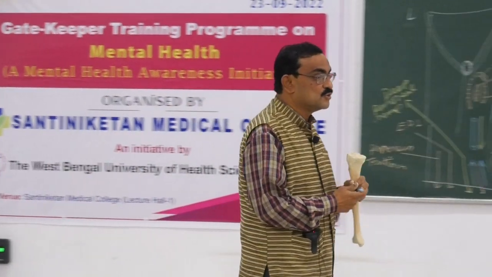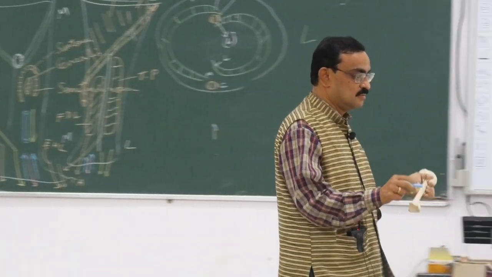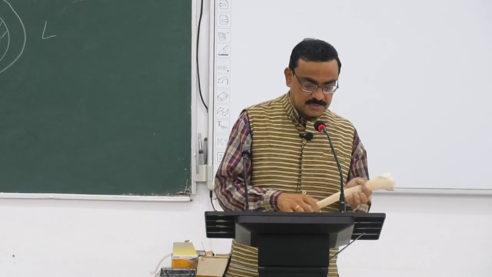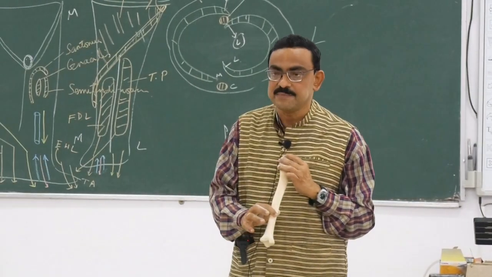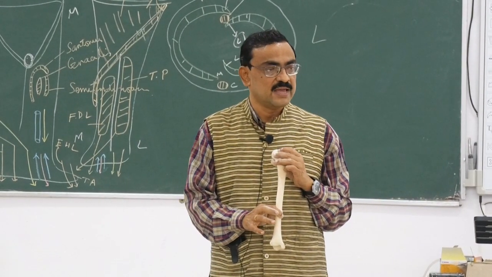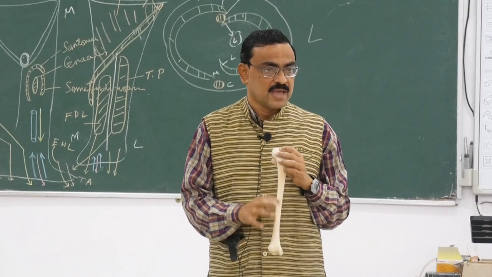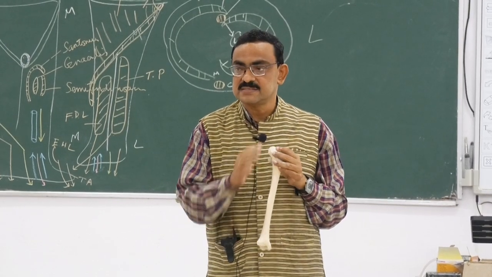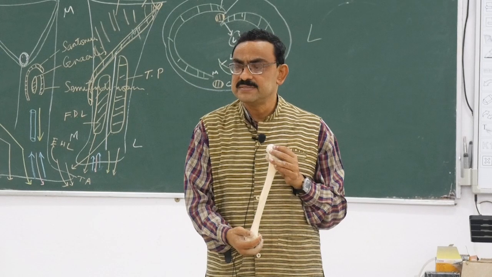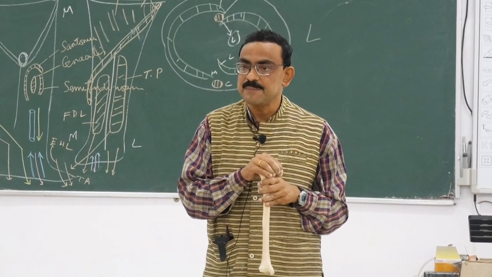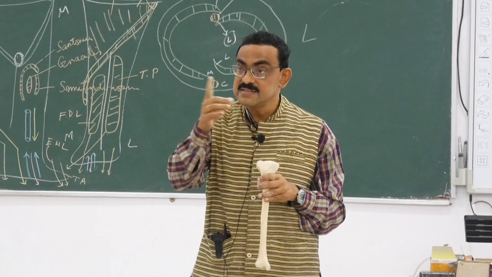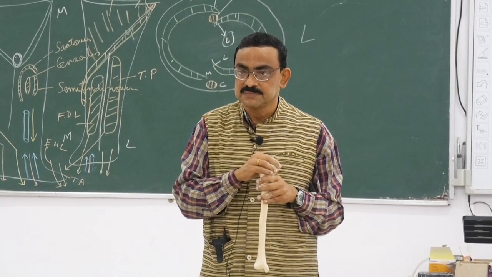Now, about the ossification. Primary center of ossification for the shaft appears at 7 weeks of intrauterine life. There are two secondary centers for the upper and lower epiphysis. Secondary centers generally appear after birth.